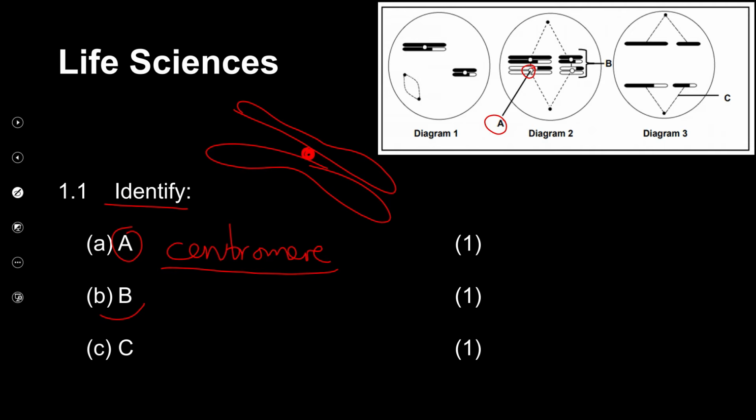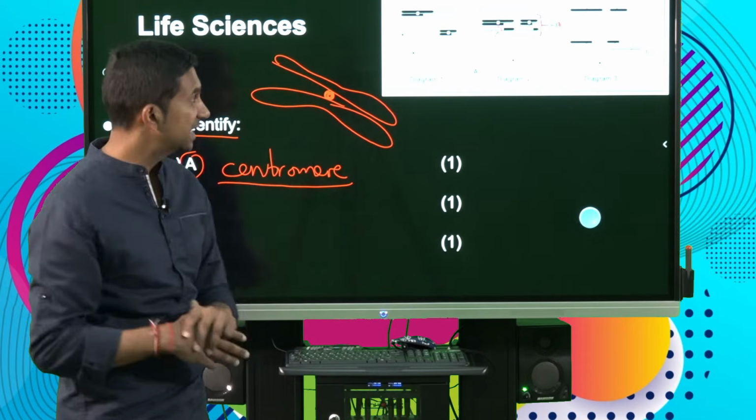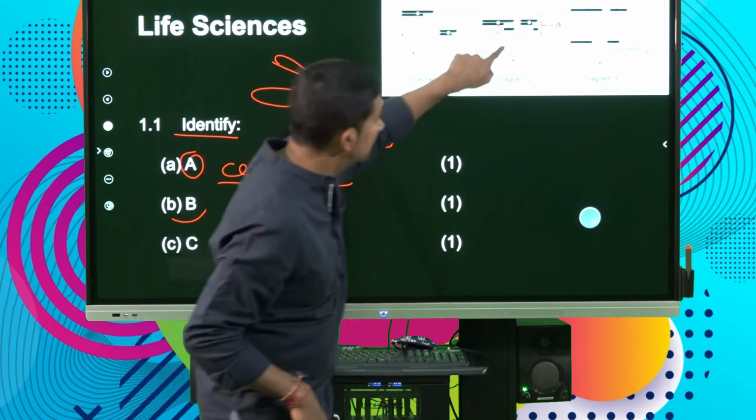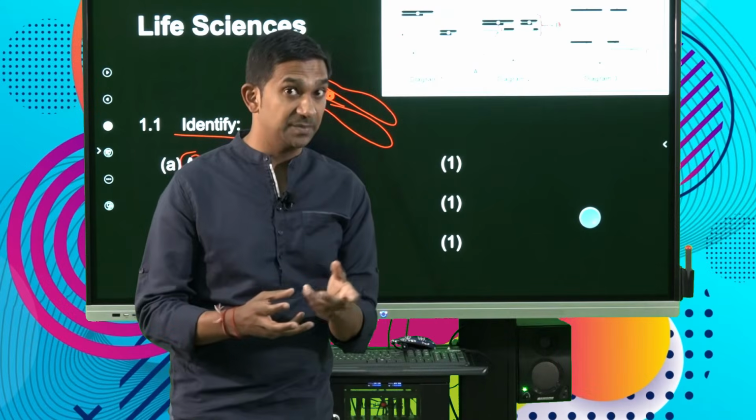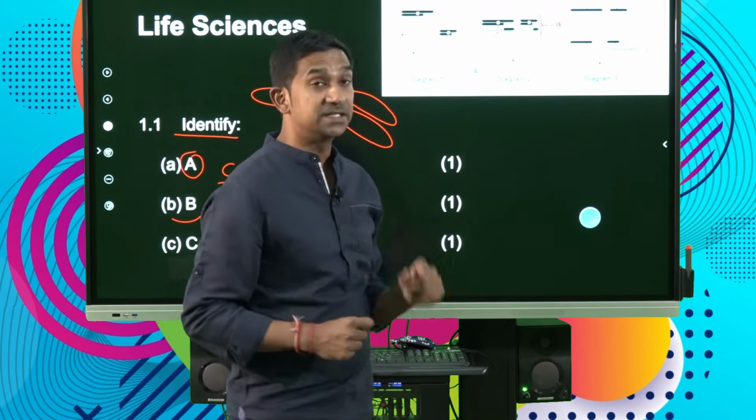Let's look at part B, or identify what structure B is. If you look at structure B, guys, it points to a bracket that encloses all of those two chromosomes together. When we look at a bracket that collectively wants you to label two structures, the context of that would be that it's pointing to a pair of chromosomes. The next bit would be, are they similar in shape and size? Looking at that, yes, they are.